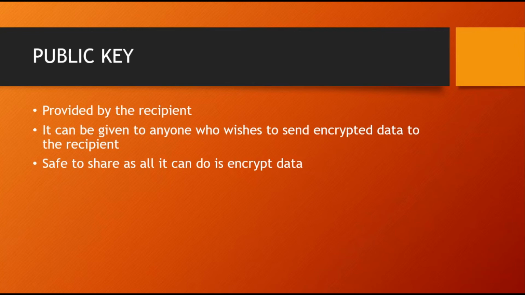I want you to look at the public key as an encryption key. It doesn't matter who has the encryption key because no one will be able to read the original message unless they have the decryption key. So the public key here is an encryption key that can be made available to everyone.